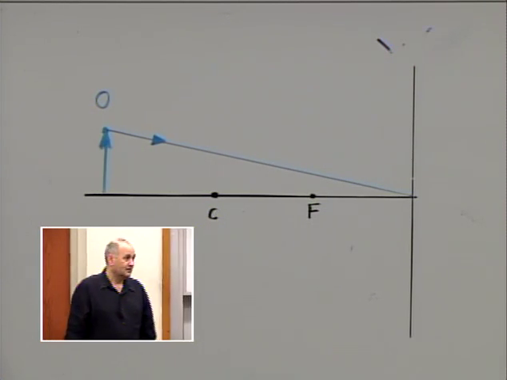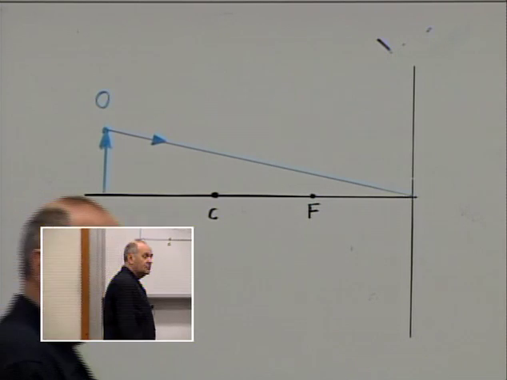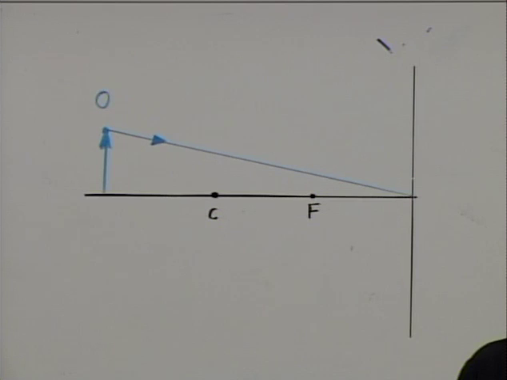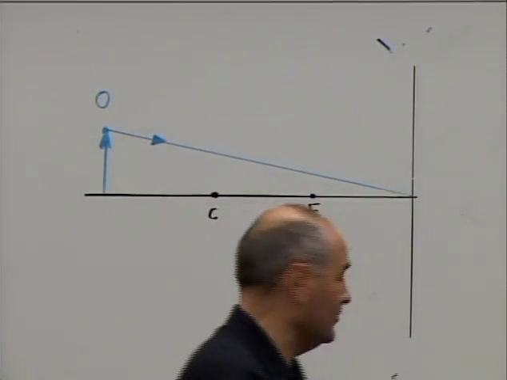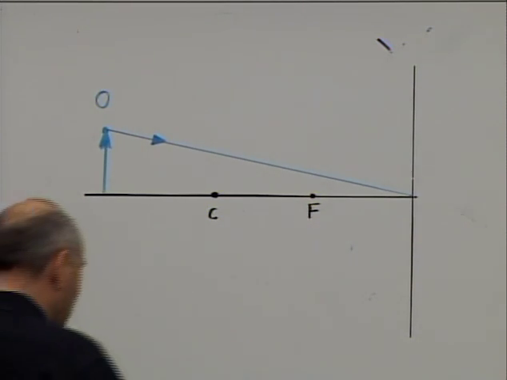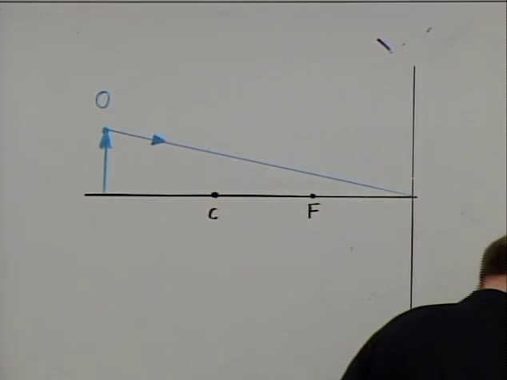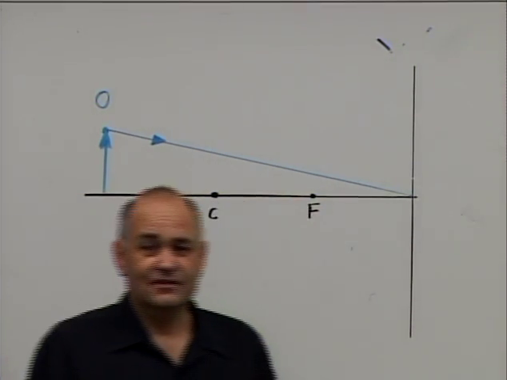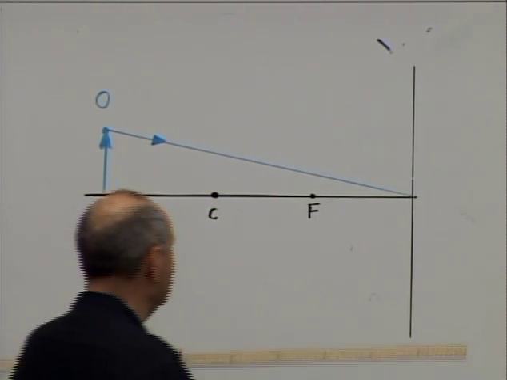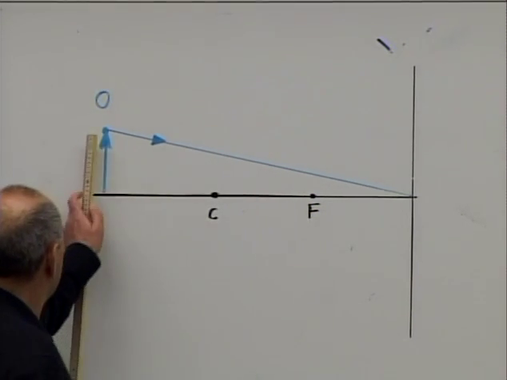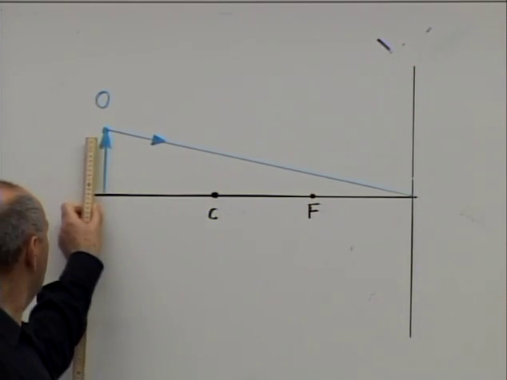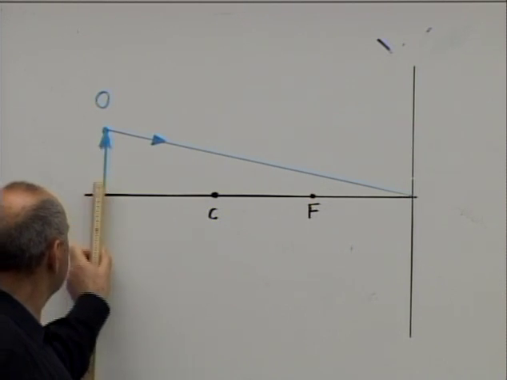The most common confusion which students have is to confuse which are object rays and which are image rays. For the first one, I will use different colors so that you don't get confused. But later on, I'm going to use just a single pen and see how easy it is to confuse the rays.